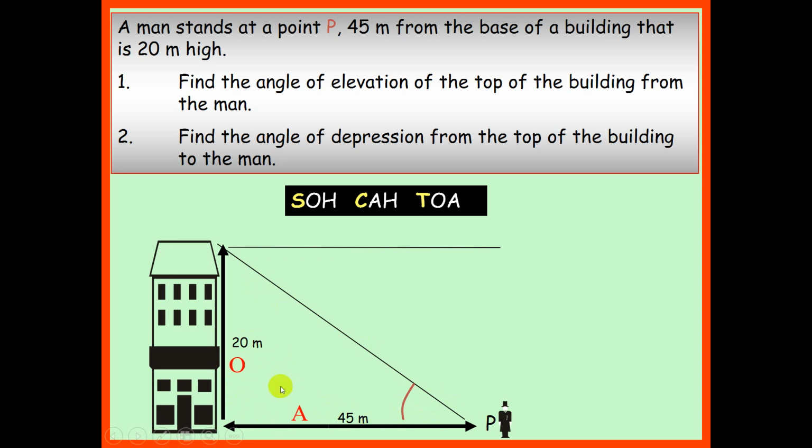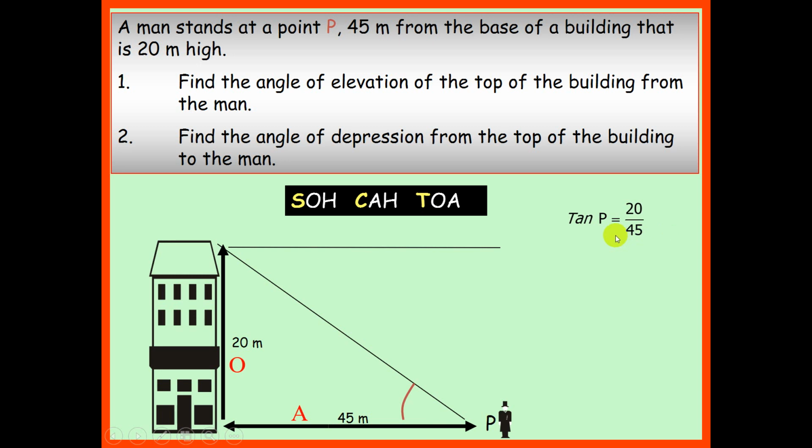Which trig ratio has an opposite and adjacent? Let's quickly look up. TOA: tan is equal to opposite over adjacent. So we're going to use the trig ratio tan to find angle P. So we can say tan P is equal to opposite, which is our 20, over adjacent, which is 45.